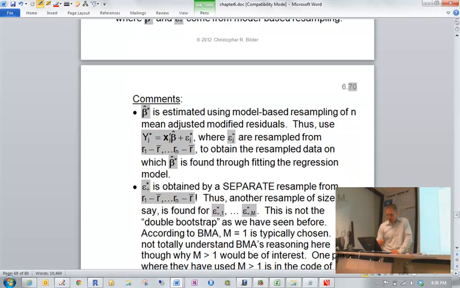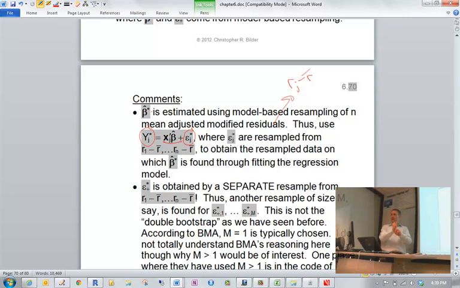Then I could estimate my full model, get my mean adjusted modified residuals, R sub j minus R bar, resample from those to get my epsilon star, put that with my x times beta hat, and then get a y star from there.